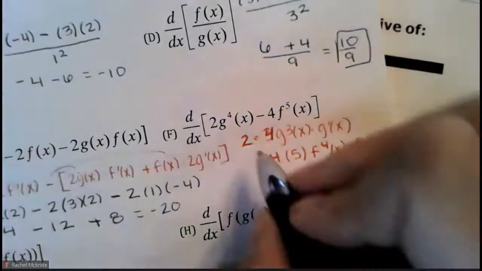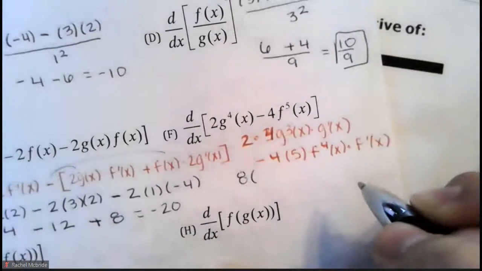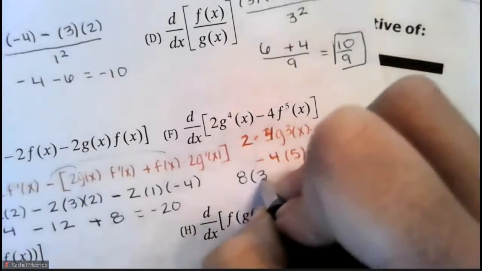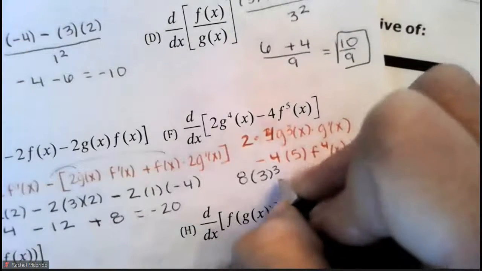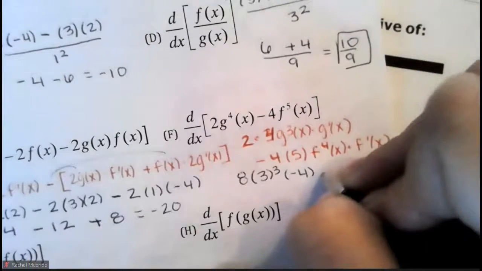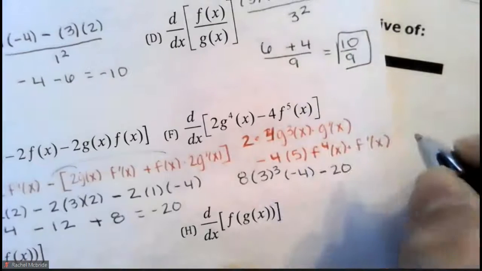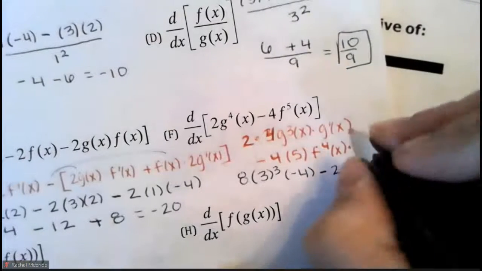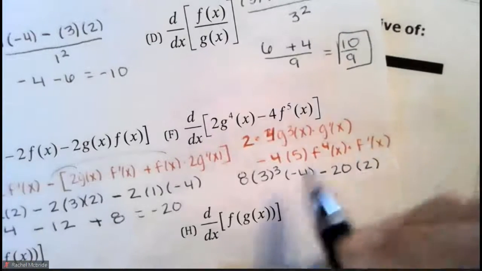So 2 times 4 is 8. g of 2 is 3, but then that's cubed. g prime is negative 4. Minus 4 times 5, which is 20. f of 2 is 1, so 1 to the 4th is 1. And then f prime of 2 is 2.